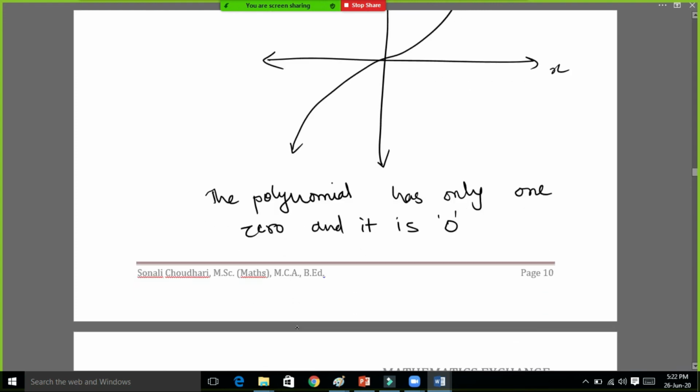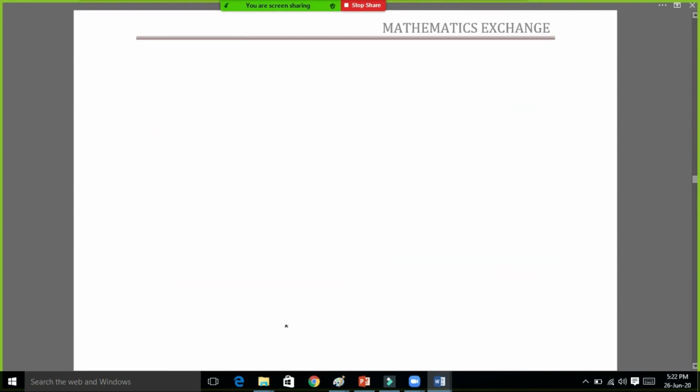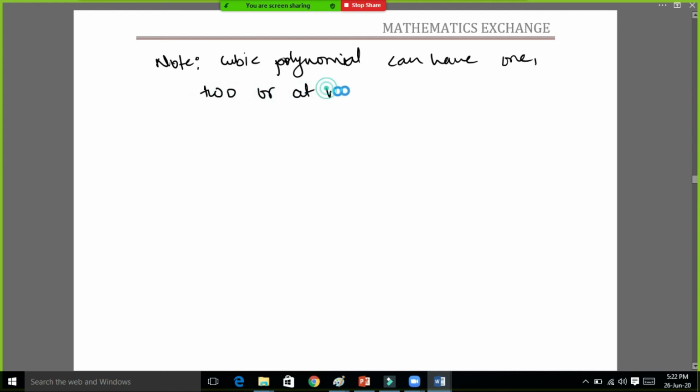So we can write down a note here that a cubic polynomial can have 1, 2 or at most 3 zeros.